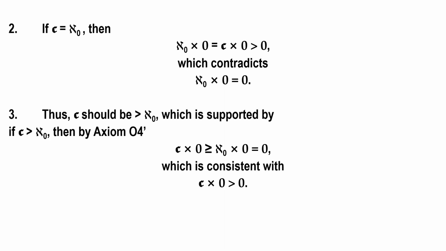Thus, C should be larger than Aleph null, which is supported by: if C is larger than Aleph null, then by axiom O4 prime, C multiplied by 0 is larger than or equal to Aleph null multiplied by 0, which is 0, and is consistent with C multiplied by 0 is larger than 0. Thus, C is larger than Aleph null.